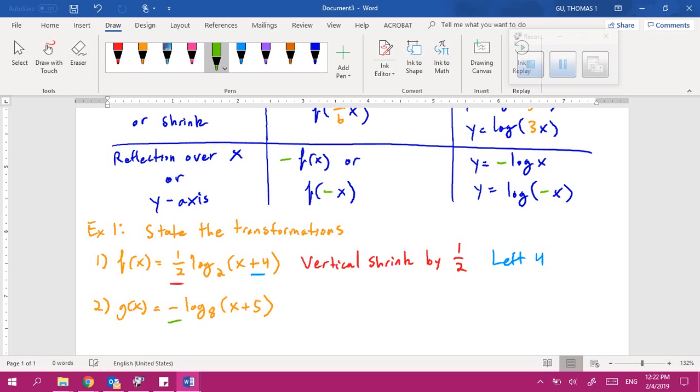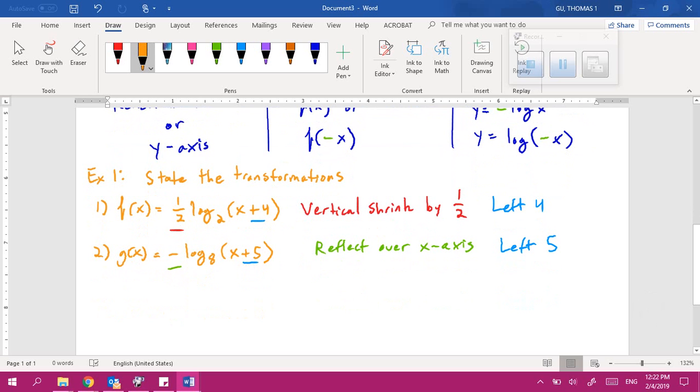Reflect over x, that's right. The negative out in front tells us that we're reflecting over the x-axis. Who wants to give the next transformation? Aiden Yetman. Left 5 units, that's right. Good. All right, breezing through this one.